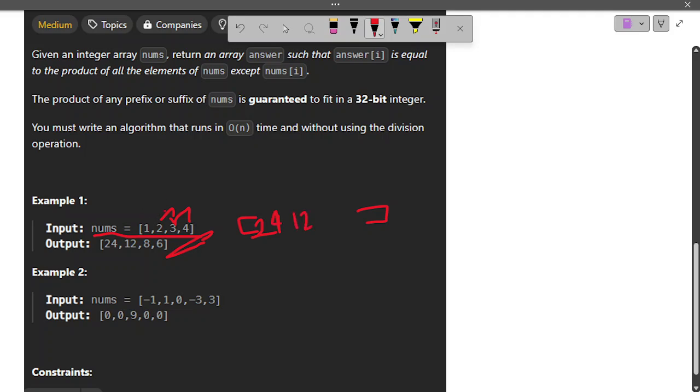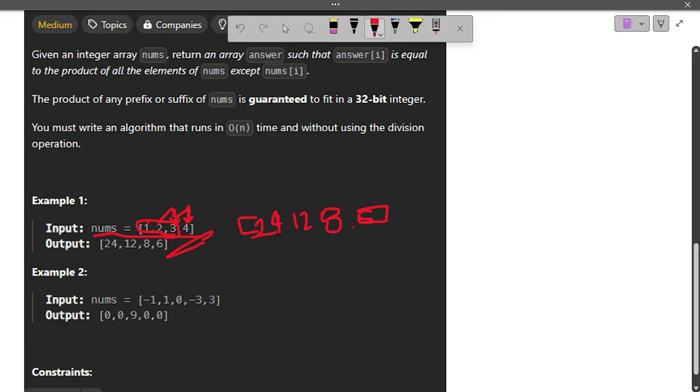Next, when you reach 3, you have to multiply 2, 1 and 4. Then it becomes 8. When you reach i equal to 3, that is the element 4, you have to multiply 1, 2, 3, which becomes 6.